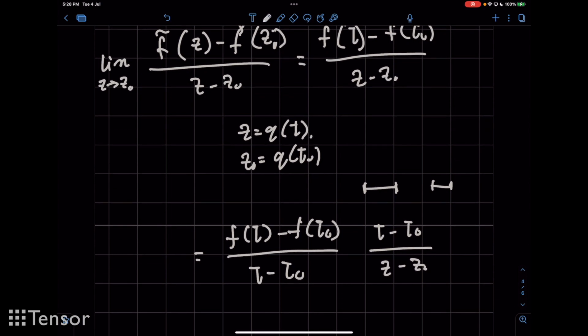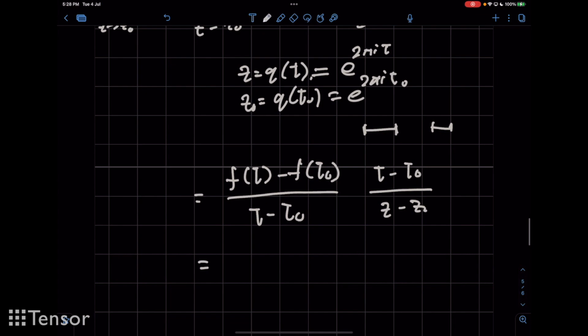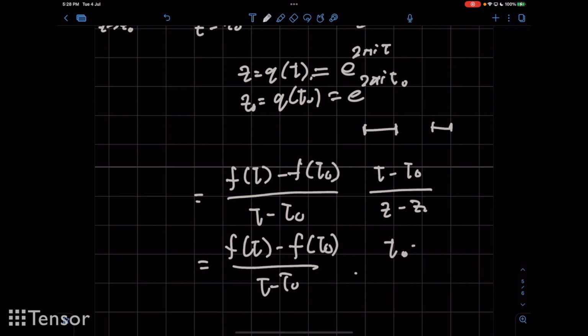Let us write this thing. So how did we define q? Q was e to the 2 pi i tau. Then this is f of tau minus f of tau naught over tau minus tau naught, divided by e to the 2 pi i tau minus e to the 2 pi i tau naught.